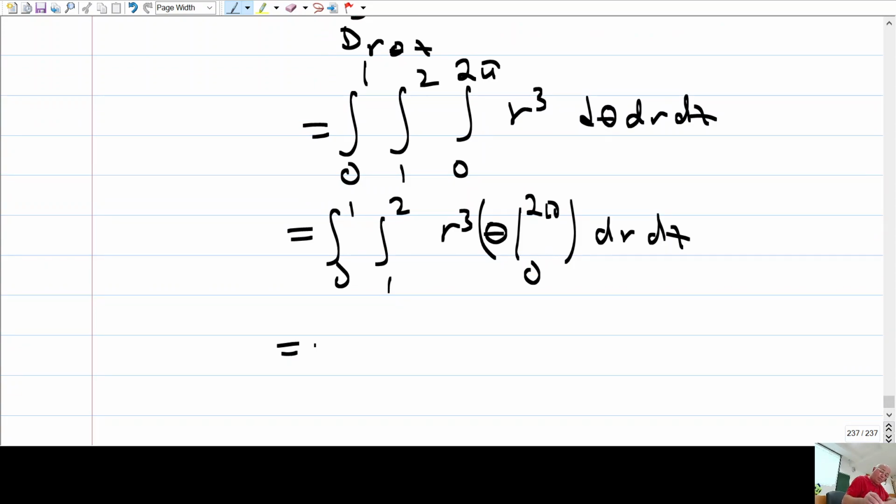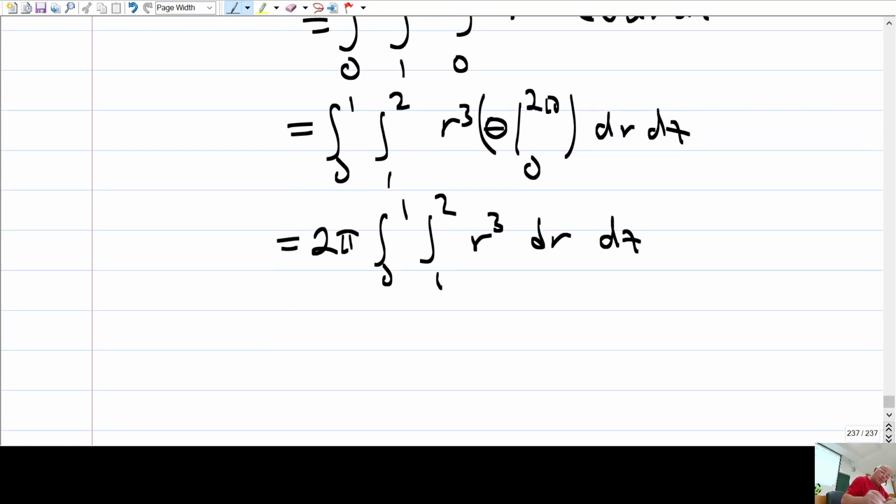Then the theta integral gives pi over 4 as a constant, and then 0 to 1, 1 to 2, r cubed dr, dz. Integral of r cubed is r to the 4 over 4.